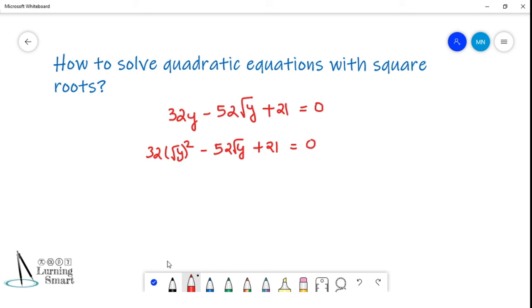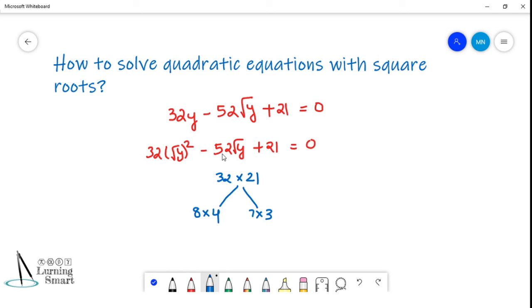Now what is the first step? Multiply the coefficient of root y square and the constant, 32 multiplied by 21. There is no need to find the actual value, just split them. 32 is what? 8 multiplied by 4. 21 is what? 7 multiplied by 3, right?